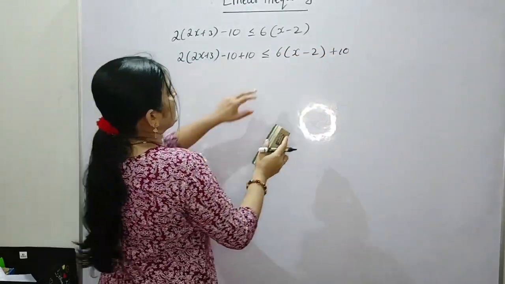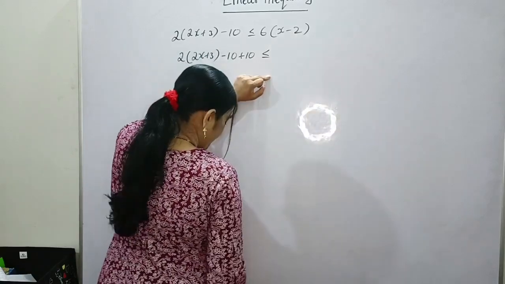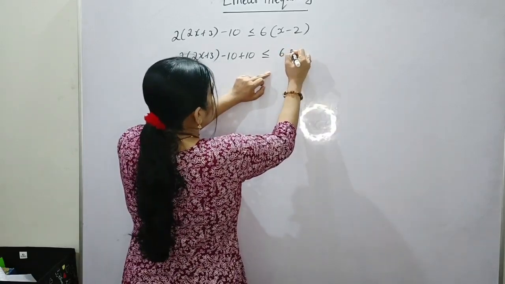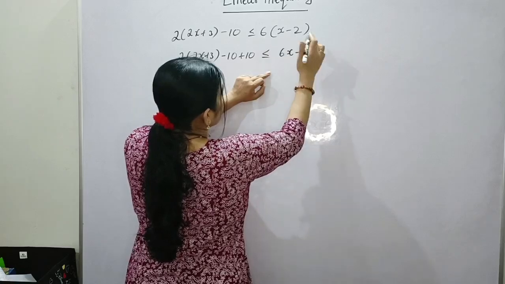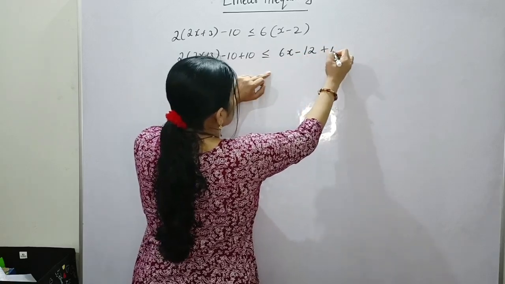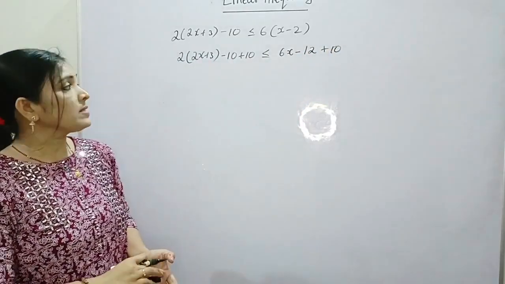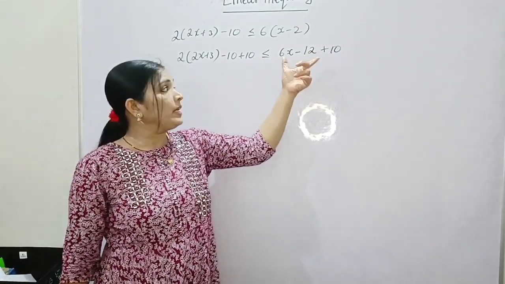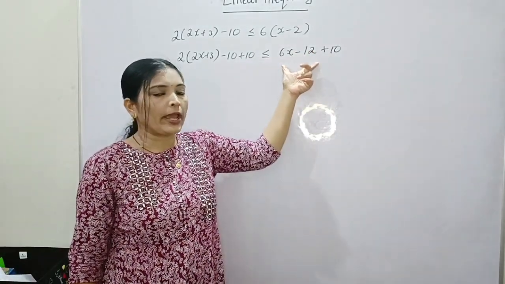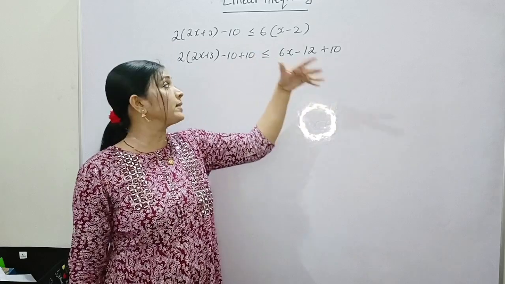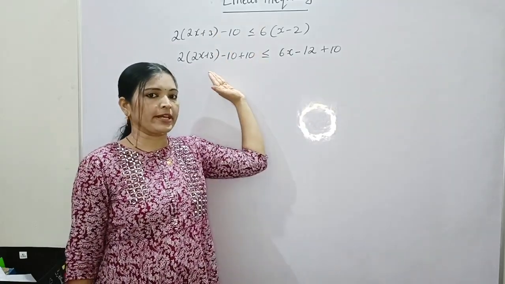Here this one we can expand: 6x minus 6 into 2, 12, plus 10. Because here x should not be there, we should take this x to the left side.